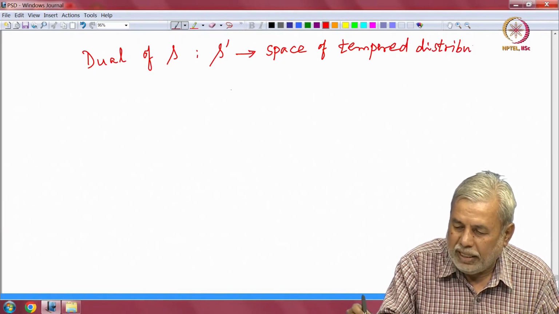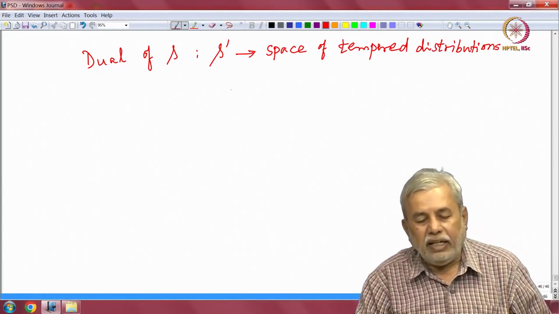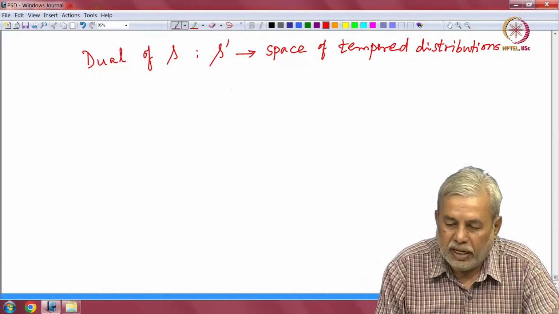Soon we will see that on this space of tempered distributions, we can extend the notion of Fourier transform. I will discuss that in a minute.